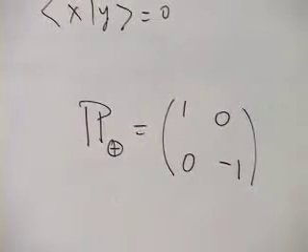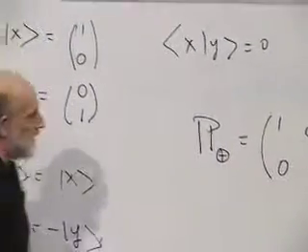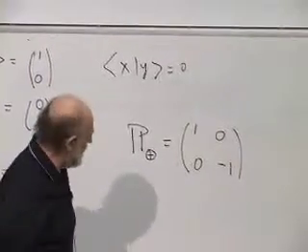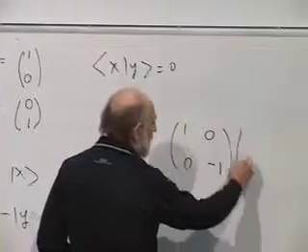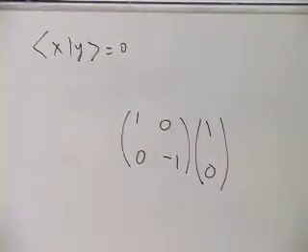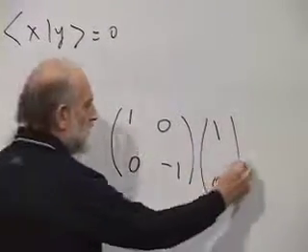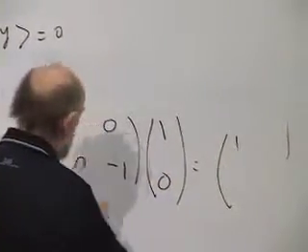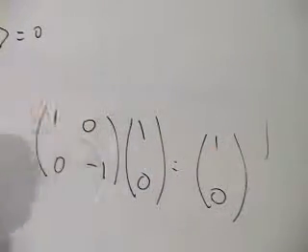And it's obvious now that when it acts on the vector x, let's let it act on the vector x. The vector x is represented by 1, 0. That matrix times that column vector: 1 times 1 is 1, 0 times 1 and -1 times 0 gives 0.